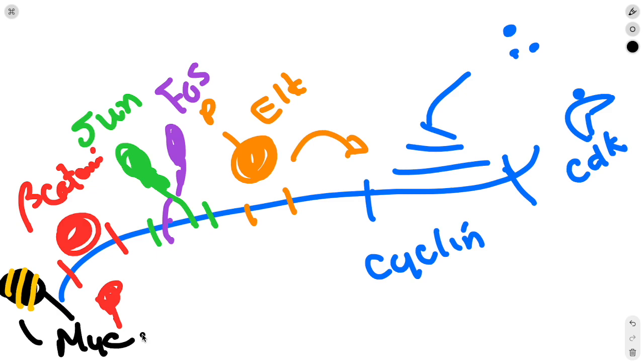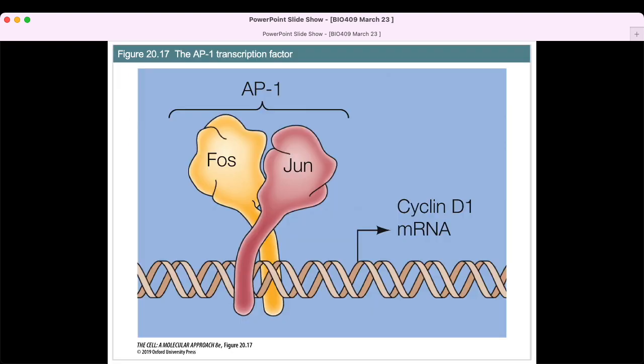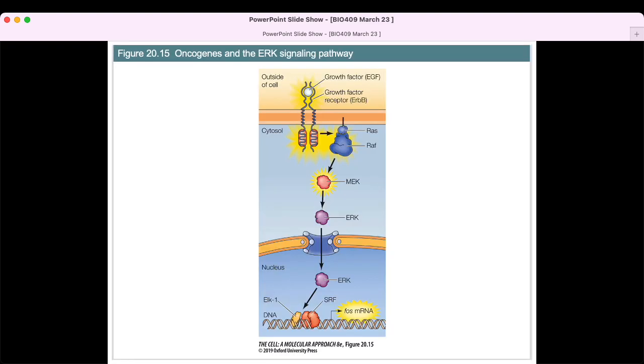Sorry, Ellie, yes? So you're saying they're like the parking spots, but there's not always going to be a transcription factor behind them. Right, maybe just a couple or maybe one. For example, we saw today that in this cell, before the growth factor was added, there was no FOS protein made.